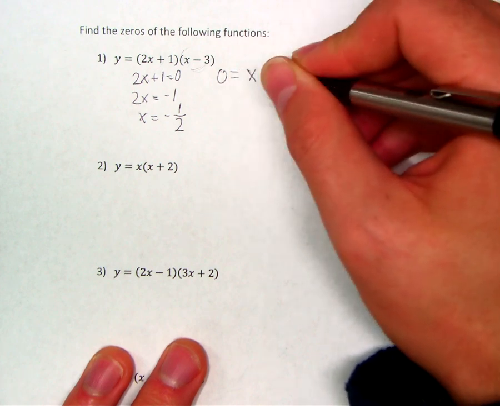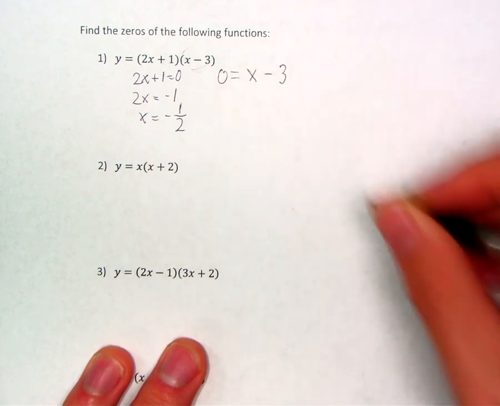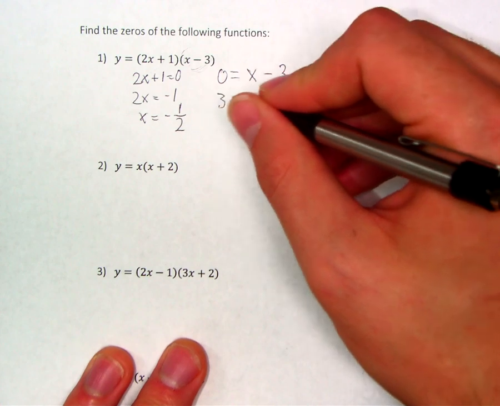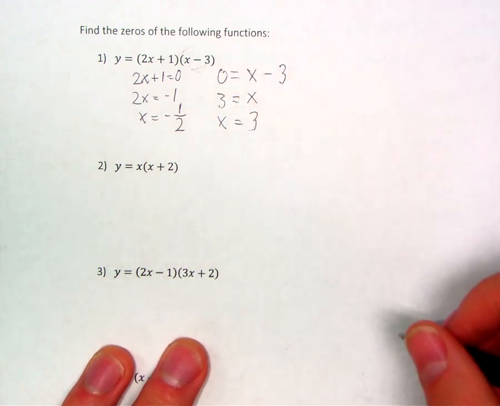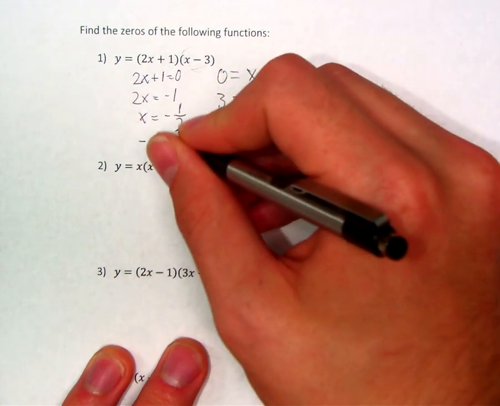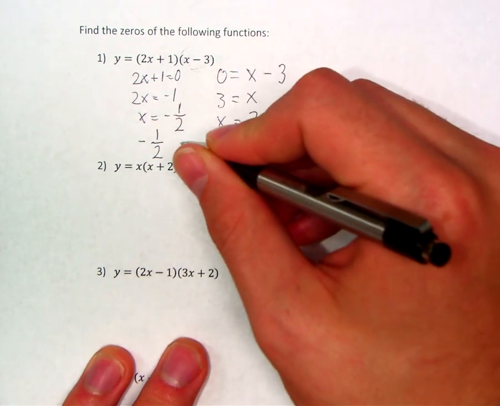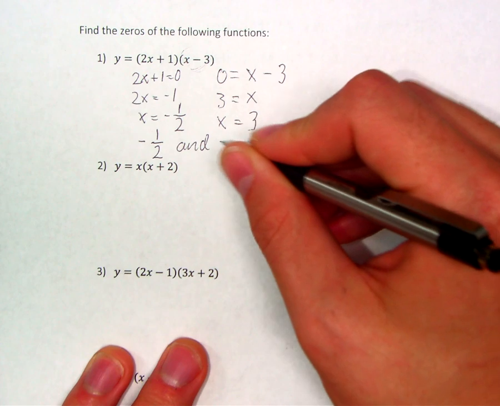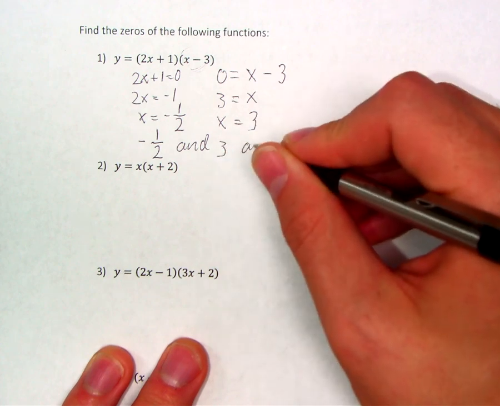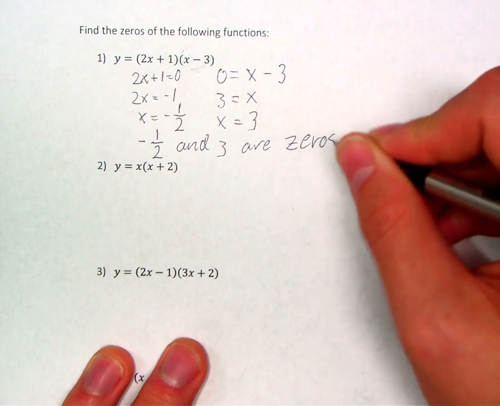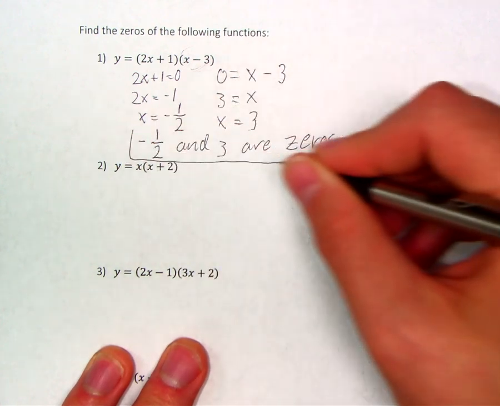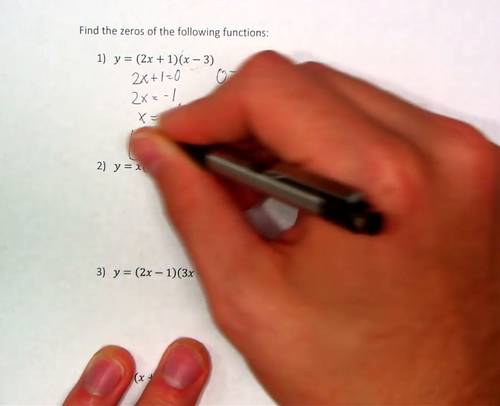If I set x minus 3 equal to 0, I can add 3 to both sides, and I have x is equal to 3. So what I found is that negative 1/2 and 3 are both zeros.